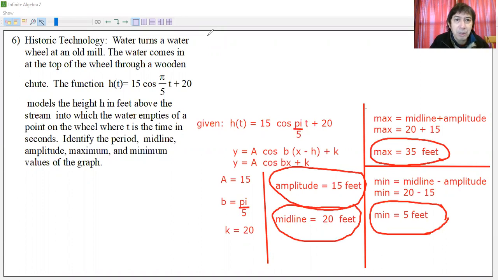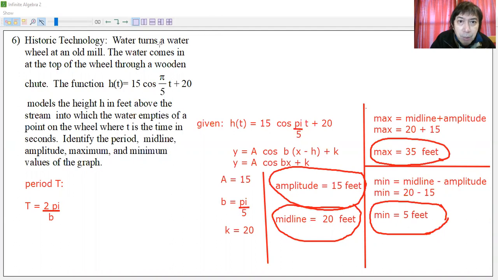So we shall compute for the period over here at the lower left of the screen. So this will be period T, and the formula for the period is 2 pi over B.